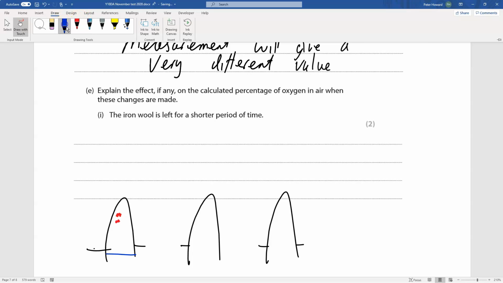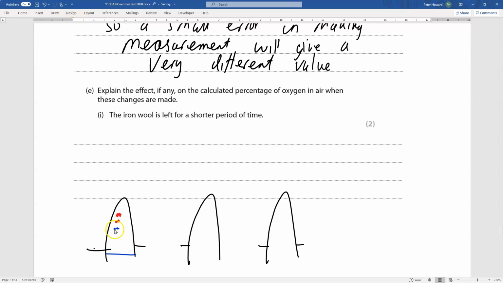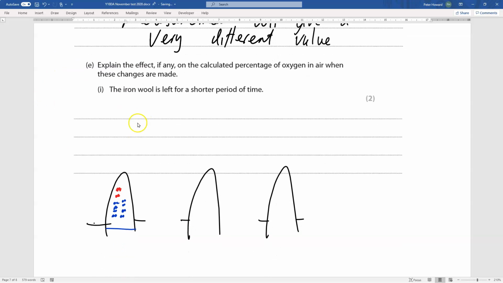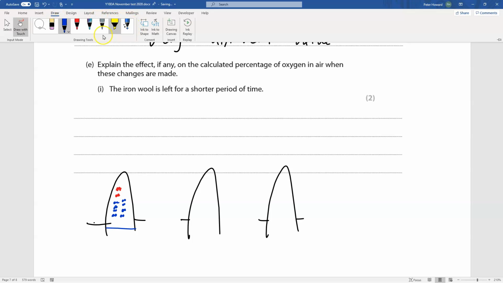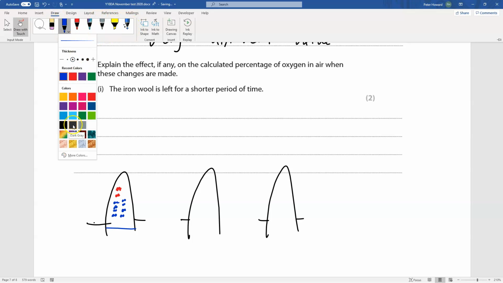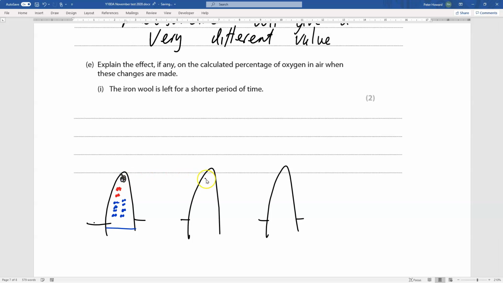We could also have some nitrogen. I'm trying to draw these little pairs, but my screen isn't quite accurate enough. So we start off with something like this. Now what's going to happen during the course of the reaction? Obviously, it might be worth drawing some grey iron wool in place. Here's my iron wool there, there, and there.